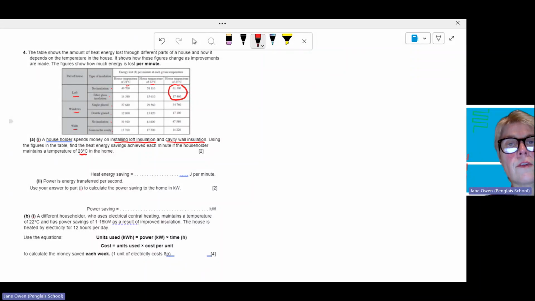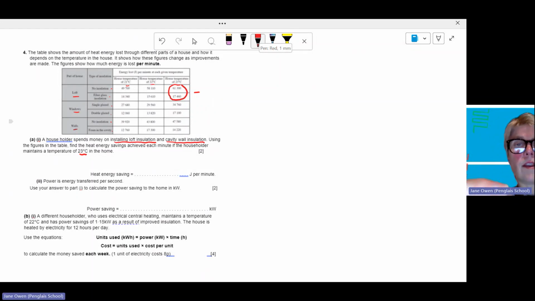Now, they're not asking for the cost, they're asking for the savings, but we can use exactly the same equations. So we see the energy saved when we've installed the fiberglass. We see the energy saved with no insulation. So what we've got to do is take those two numbers away from one another.